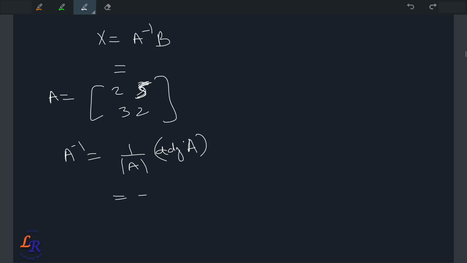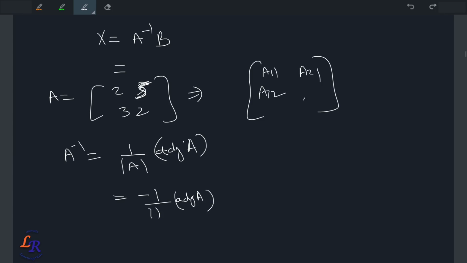So you can write minus 1 upon 11, and the adjoint of A you have to calculate, right? So you have to find A11, A12, A21, A22. For A11 it would be 2, leaving the row and column, and this would be minus 3.